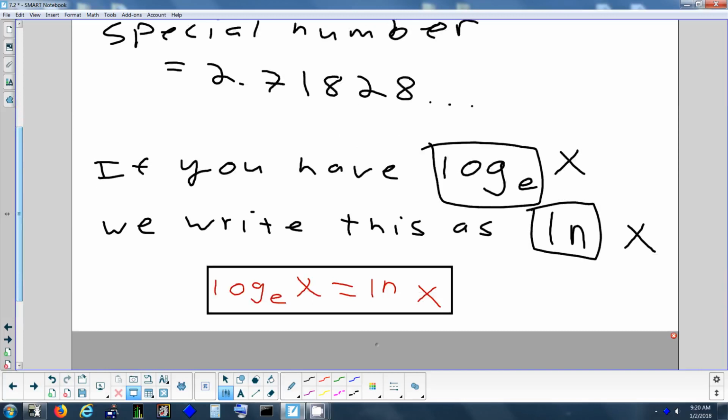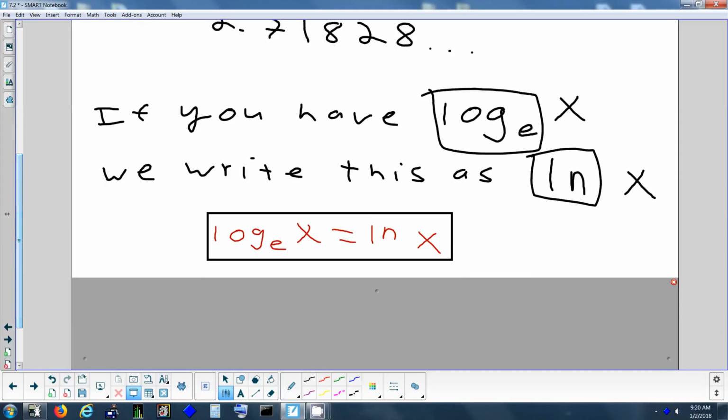So it doesn't shorten it much, but instead of writing 4 letters, you can shorten it to just writing 2 letters. So log base E means exactly the same thing as lowercase l, lowercase n.